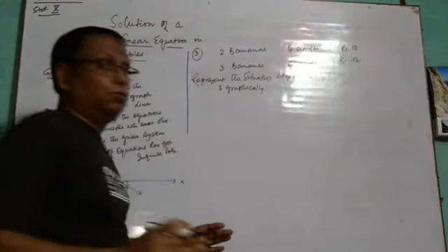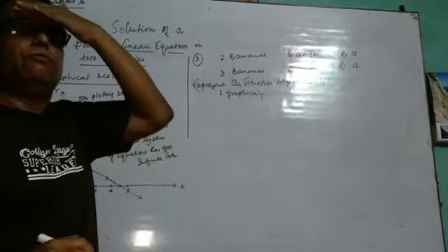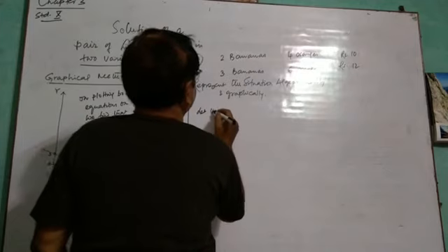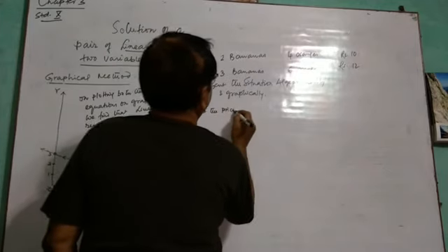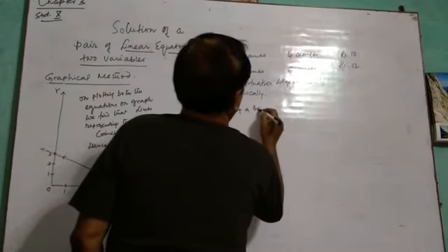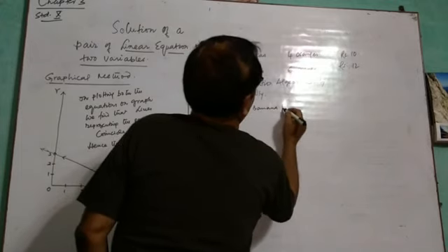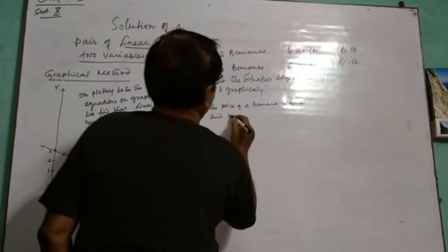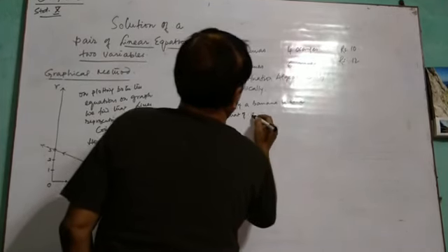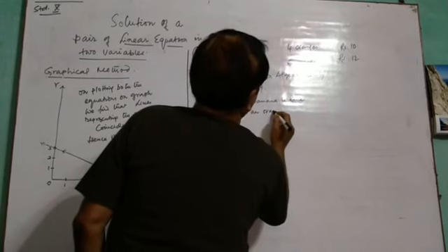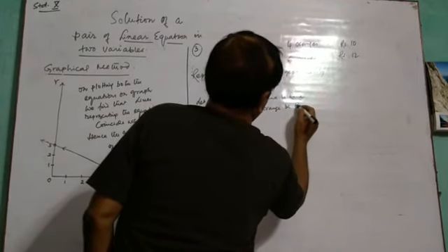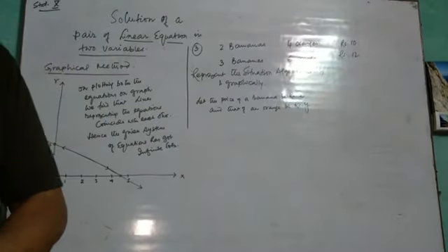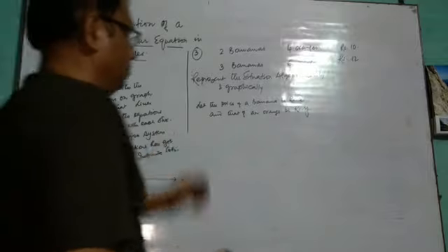What will be our first step? Framing of the linear equations in 2 variables. For that we will say, let the price of a banana be rupees x and that of an orange be rupees y. This is the first assumption, the first thing that we will write.